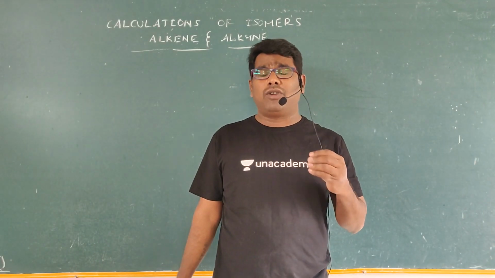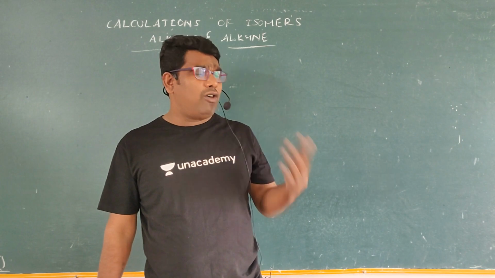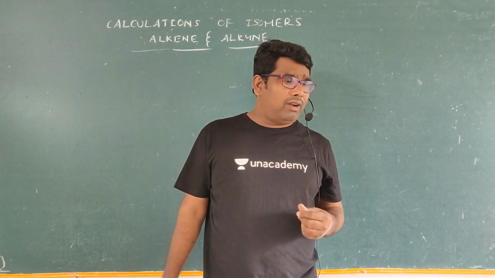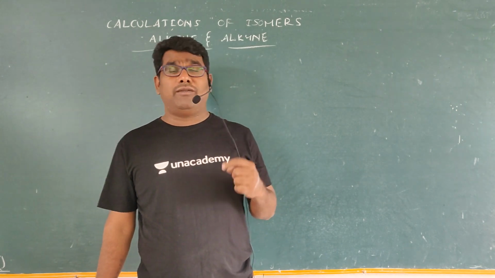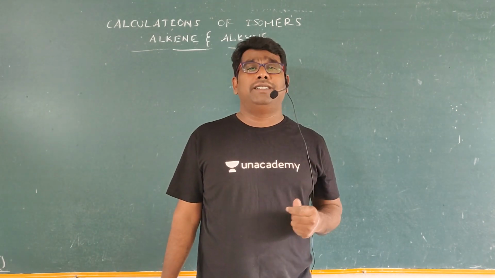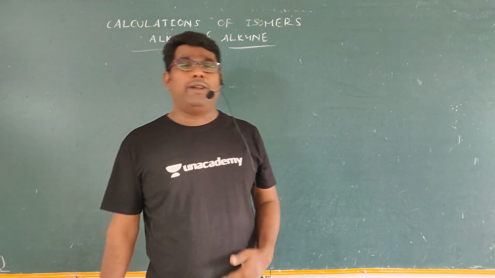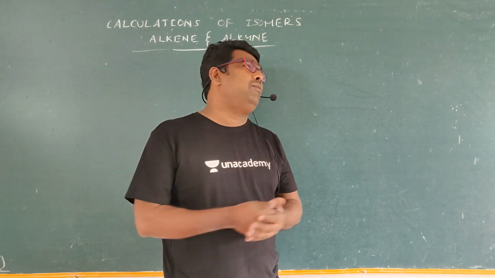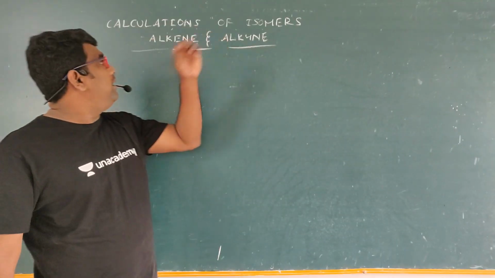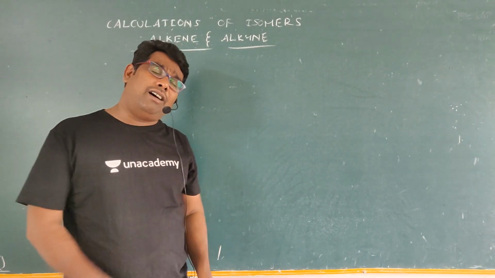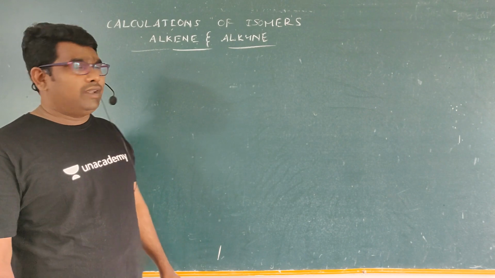Actually, this topic is also completed, but the video was not uploaded. Up to calculation of the number of isomers in alcohols and saturated alkanes are over. Now, today I am going to discuss how to calculate the number of isomers present in alkene and alkyne.